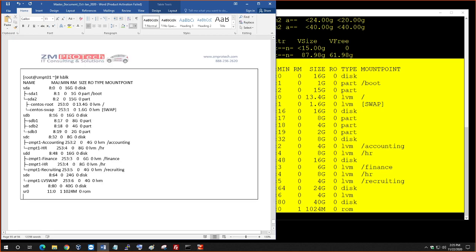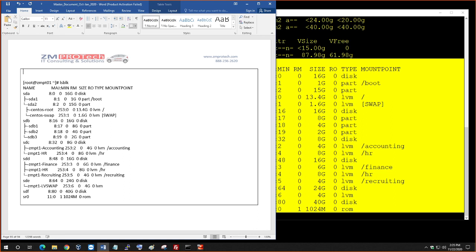So what you have to do is, we are targeting SDD, which is corrupt now. /dev/SDD is corrupted, so it needs to be removed, okay? So which one is SDD here?